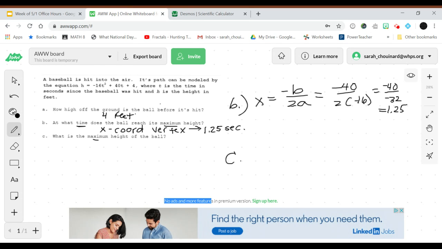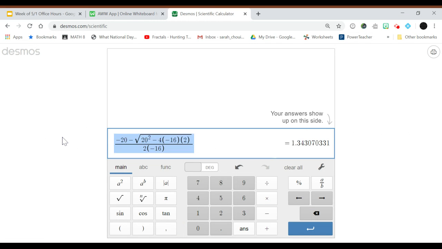To find the actual maximum height, we have to plug 1.25 into the equation for t. So the height is going to be negative 16 times 1.25 squared plus 40 times 1.25 plus 4, which we can use our scientific calculator to help us calculate.